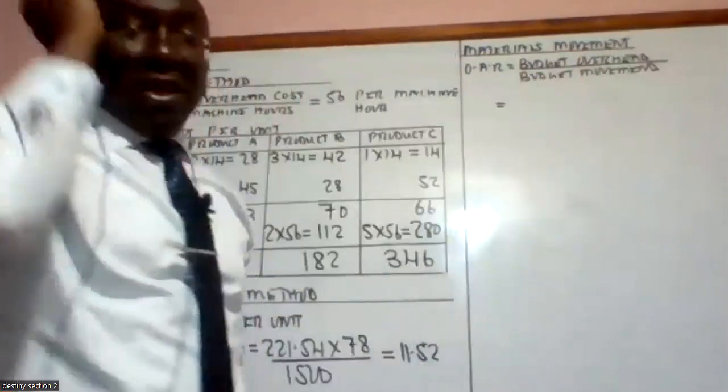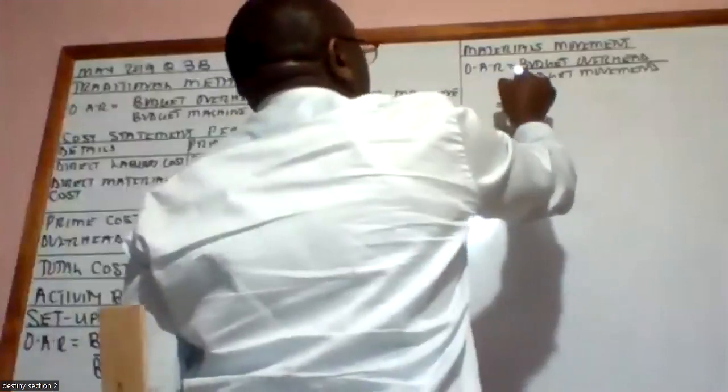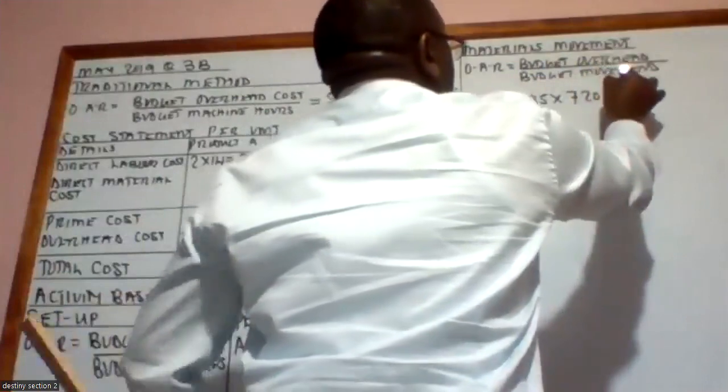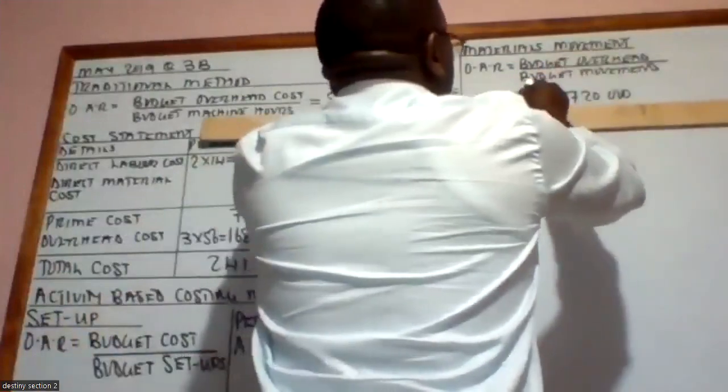We are told in the question that they are 35%. So 0.35 times 720,000.